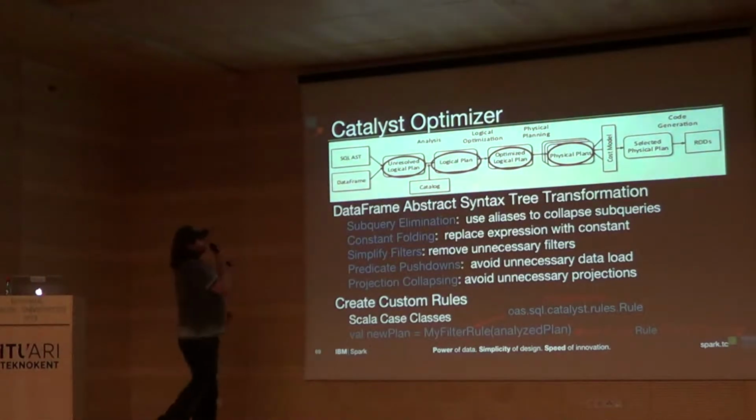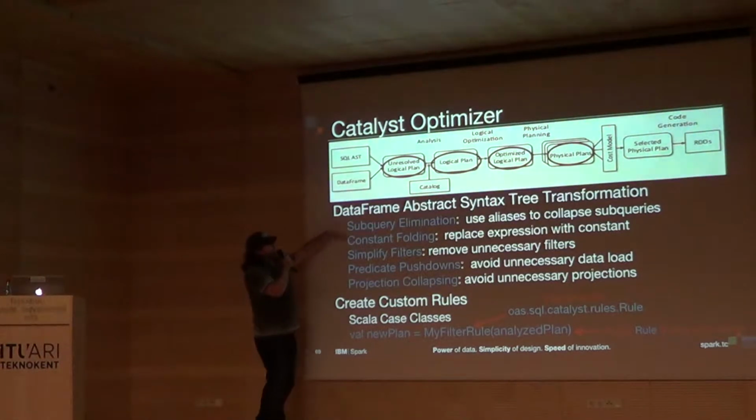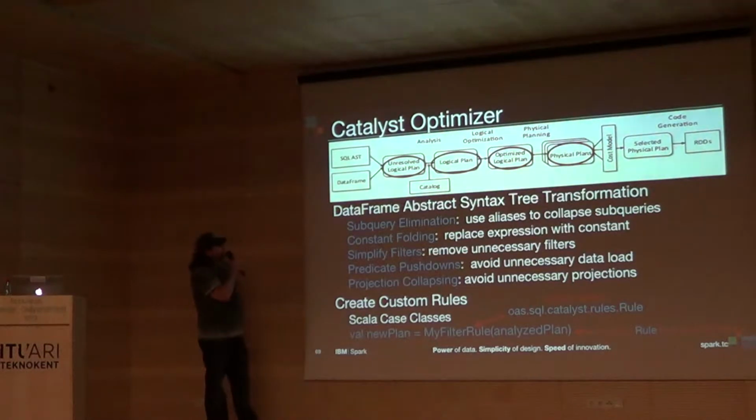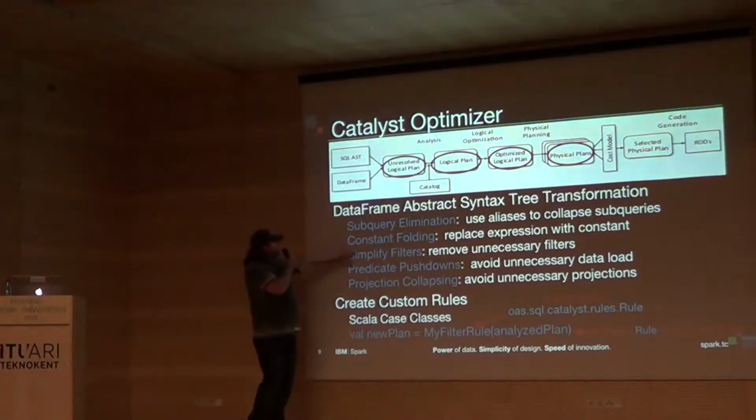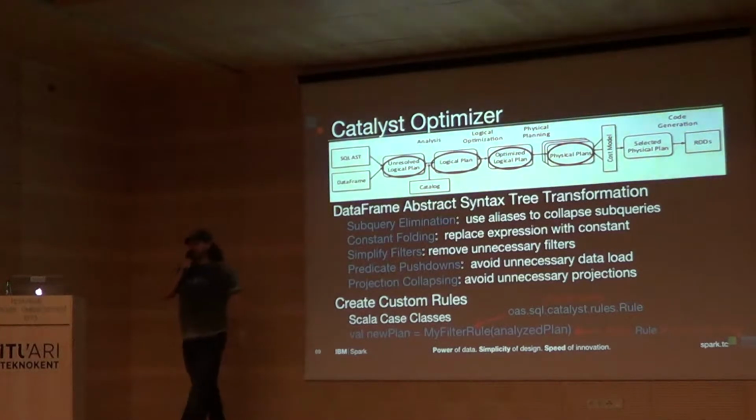Some other things that the Catalyst Optimizer does are probably familiar to you if you've done any database optimization coding or reading. Simplifying filters, constant folding, predicate pushdown is huge. This is all stuff that all databases do.